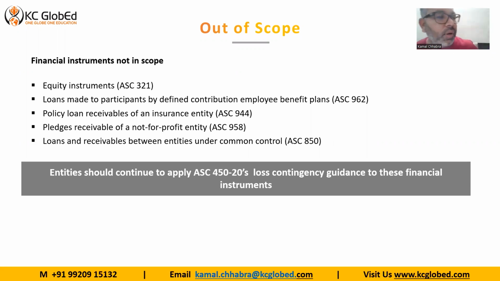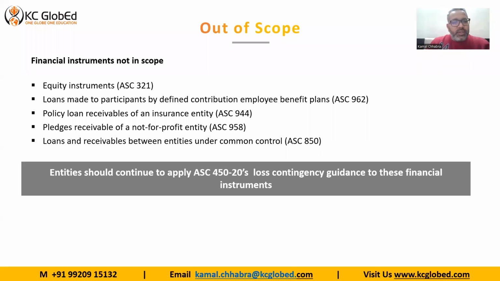Generally a third party manages that plan, sometimes a trust or an insurance company. That trust or insurance company can give a certain amount of loans to the employee against the amount they have deposited. For them, there is a specific standard, ASC 962. So hence, that does not come under the scope of ASC 326.